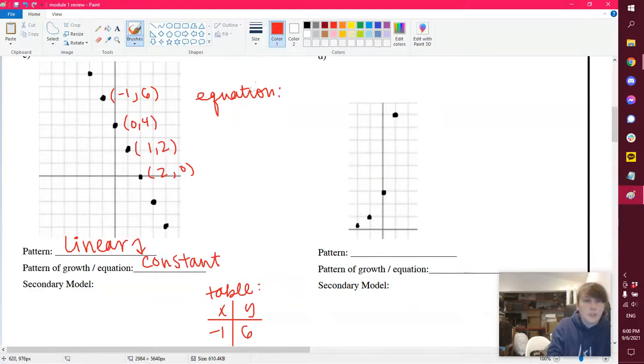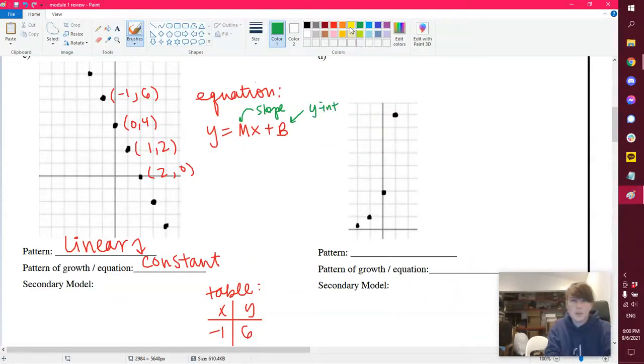Okay, and then the equation for linear functions always looks like y equals mx plus b, where m is our slope and b is our y-intercept, right? Here, our y-intercept is 4, because that's where it hits the y-axis, and our slope is -2.